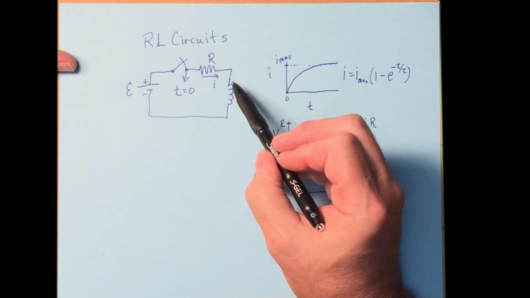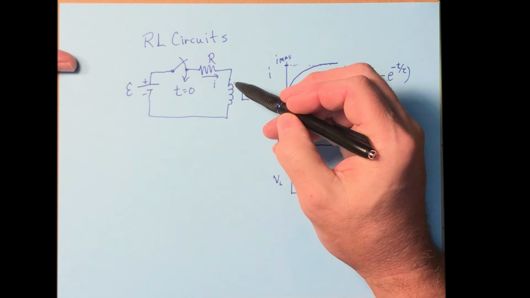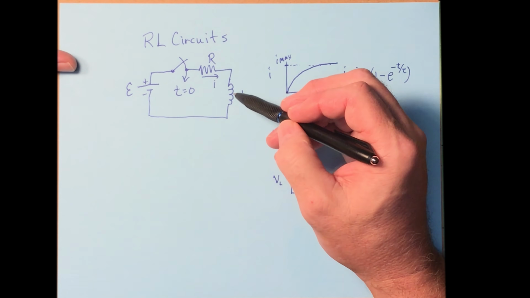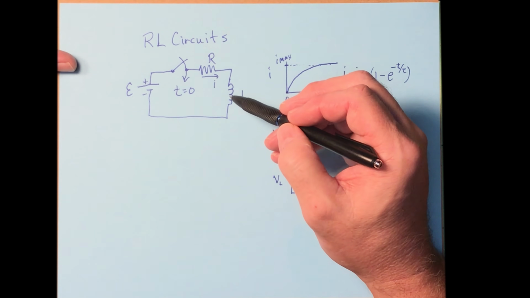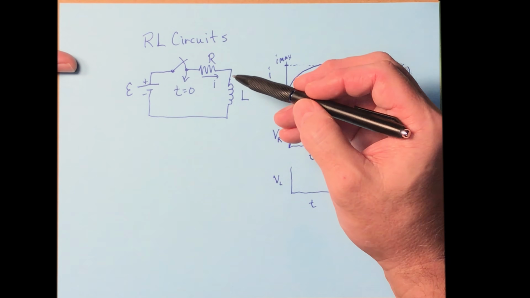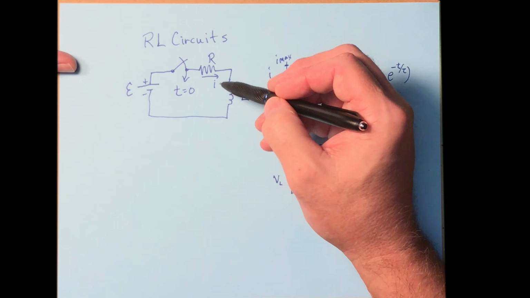So at the very beginning, if I were to put my voltmeter across this, I'm going to measure a large voltage, and that large voltage is the self-induced back EMF that's opposing the current. But over time, that voltage dies down, and the current comes through.